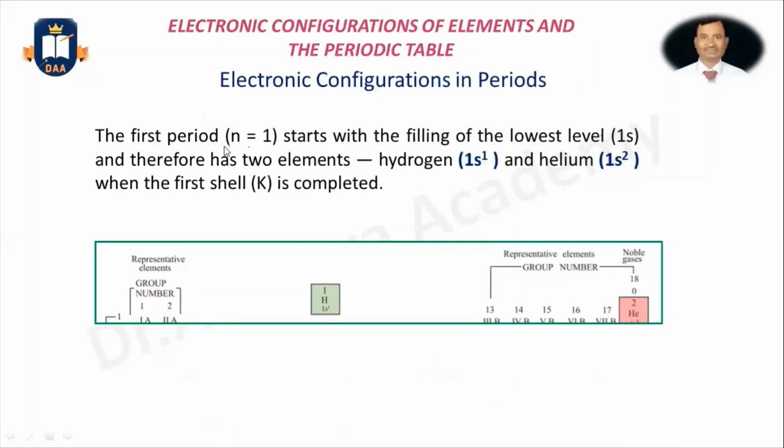In the first period, when n is equal to 1, it starts with filling of the lowest level, that means the 1s orbital, and the 1s orbital will be filled by electrons, and this first period will contain 2 elements, that means hydrogen whose electron configuration is 1s1 and helium whose configuration is 1s2. So the first period contains 2 elements.